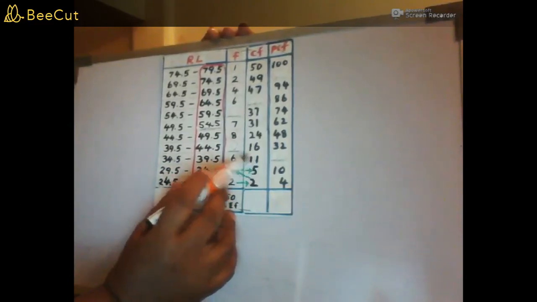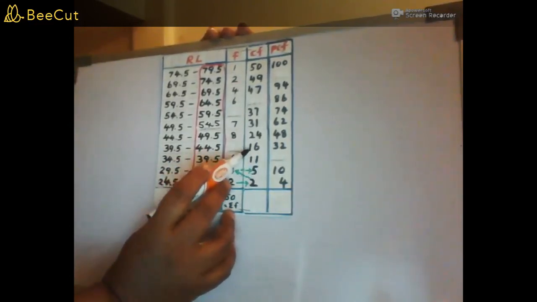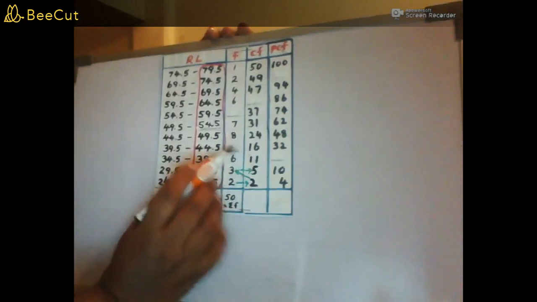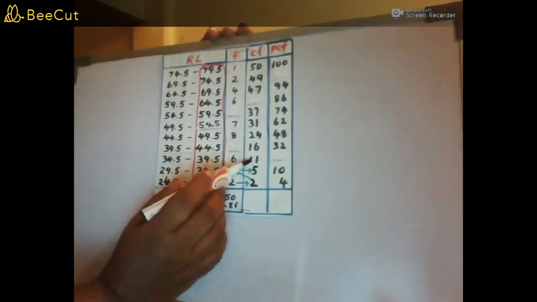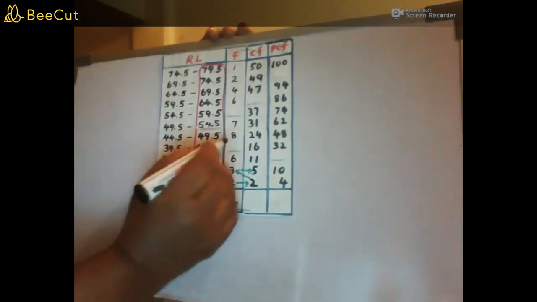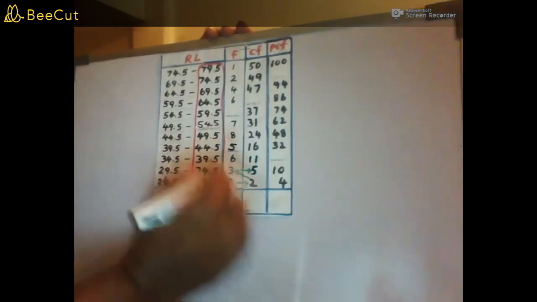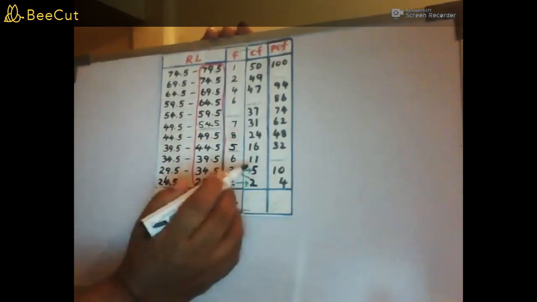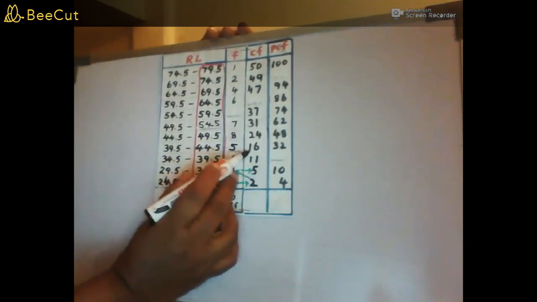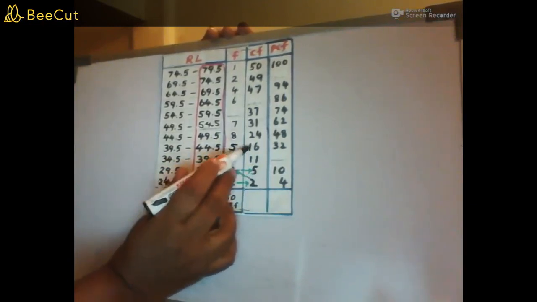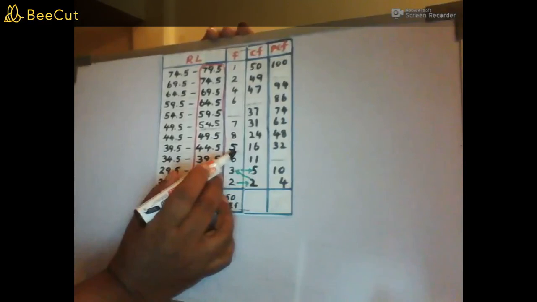Then 11 plus something, 16. So what you have to do? 16 minus 11, that is 5. That's the way to fill the answer. When you have a blank here, just deduct these two. Then you can get the answer.